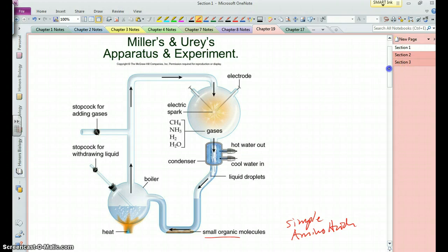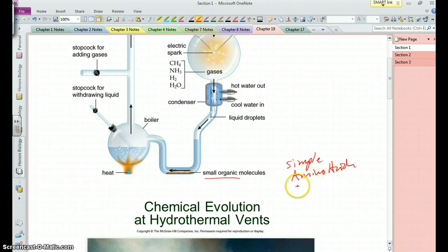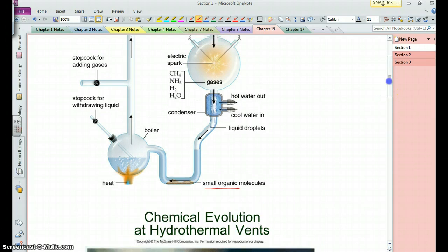And this is interesting and important because when you have things like amino acids, you can build, of course, proteins, and these are some of the basic building blocks of living things. They demonstrated that, again, you could take these simple things and build more complex things.